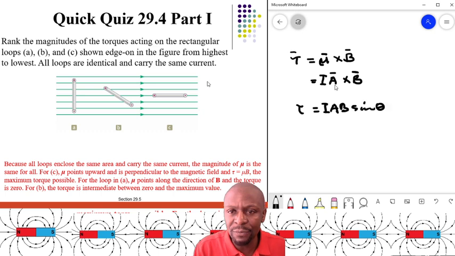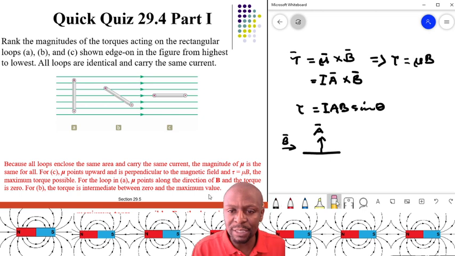Now, if A is perpendicular to B, like in this C, because this is the loop, that vector area is going to be pointing in that direction, and the B is coming in that direction. So they are perpendicular to each other. Therefore, the maximum torque is mu B, because sine of 90 is just 1.